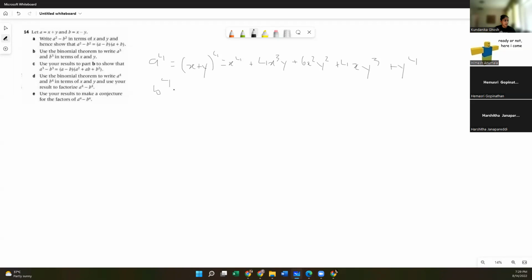For the sake of time, all I'm going to write is b to the power 4 equals x minus y to the power 4 equals this minus this plus this, and then plus this. Sorry, I cannot write all of this again. Everyone get that? We understand how that works?